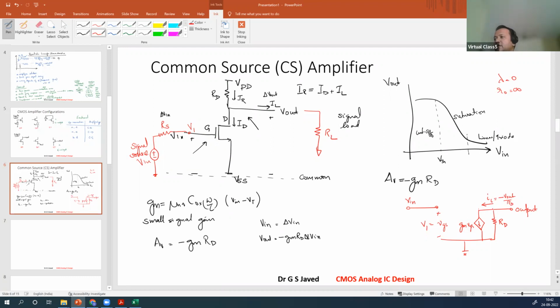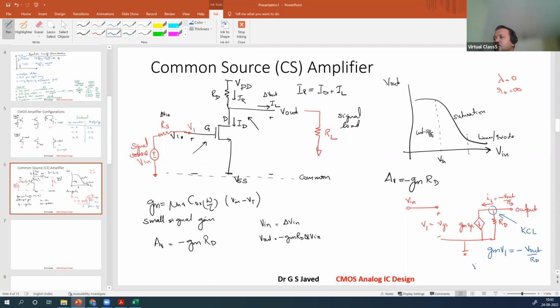So if you apply KCL here, the current branches off here and goes back into this. Now, what does this become? This gm VGS becomes gm V1. So if you apply KCL at this node, you will get gm V1 is equal to minus V out by RD.